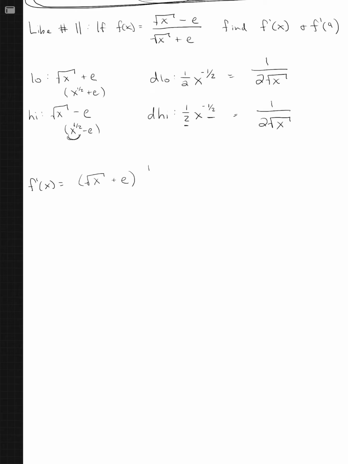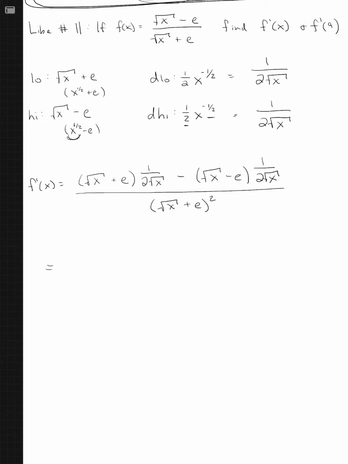So low d high minus high d low over the square of low we go.